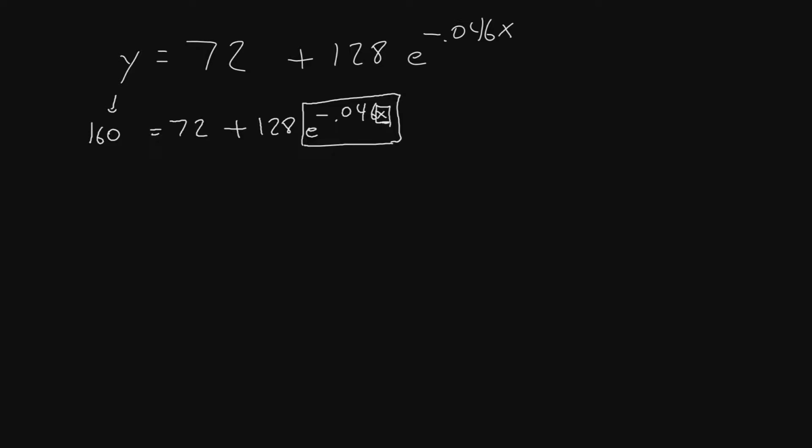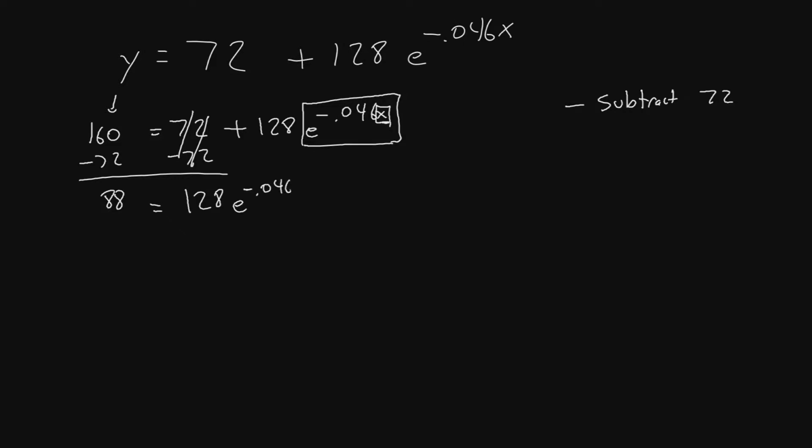We have a couple numbers in the way, the 72 and the 128, so let's first subtract 72 from both sides. 160 minus 72 gives 88. On the right, the 72s drop out, so we'll say 88 equals 128 times e to the negative 0.046x.